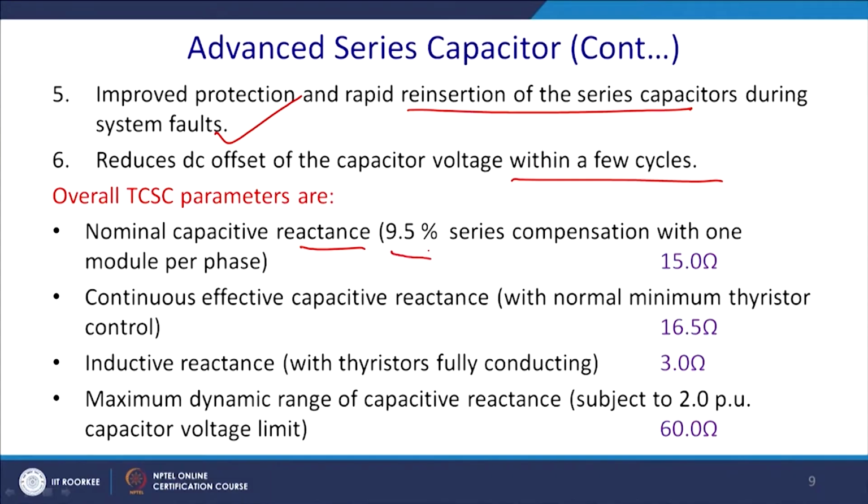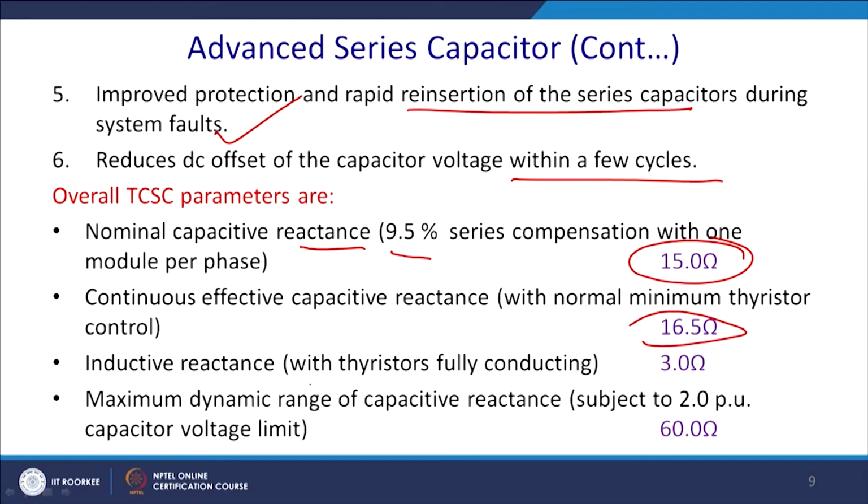Nominal capacitive reactance: 9.5% series compensation with one module per phase gives you 15 ohm. Continuous effective capacitor reactance with nominal minimum thyristor control is 16.5 ohm.